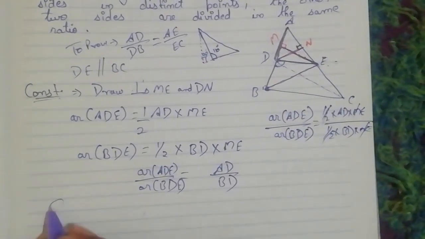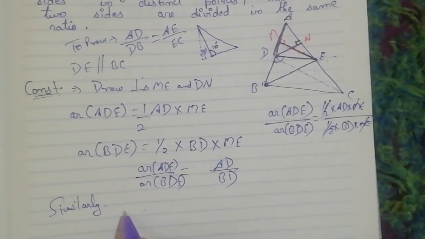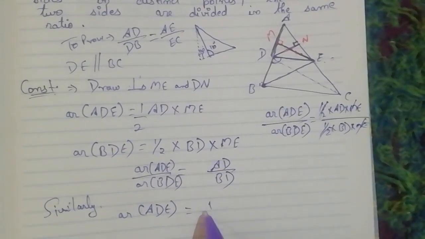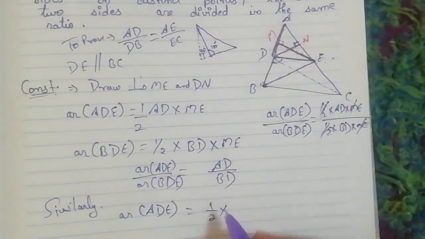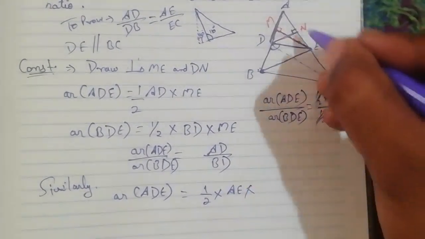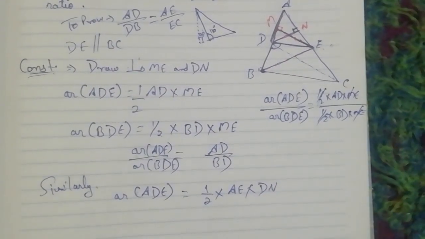So can we write here that similarly area of ADE can also be written as 1 by 2. Now base is AE, so the altitude for base AE will be DN. This is our altitude.